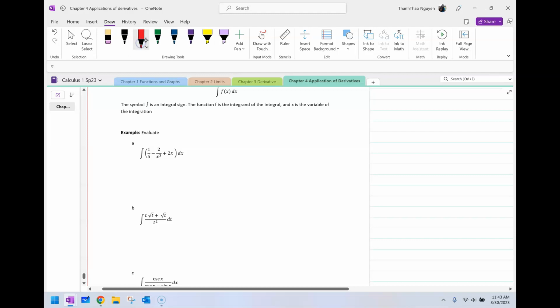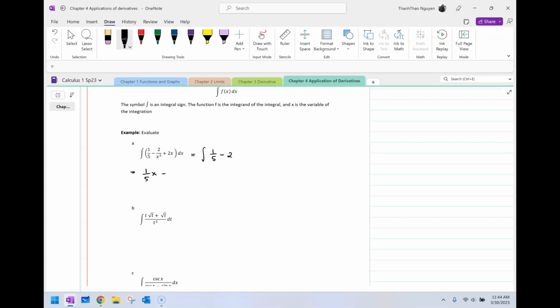It says the integral of 1/5 minus 2 over x to the third plus 2x dx. Let's rewrite this a little bit. This is the integral of 1/5 minus 2 times x to the negative 3 plus 2x dx. You can apply the rule for antiderivatives here. Negative 3 plus 1 makes negative 2. Then divide by negative 2.